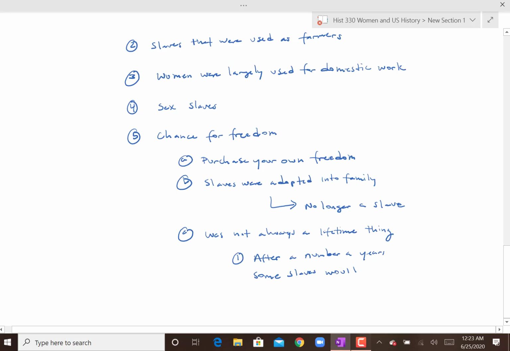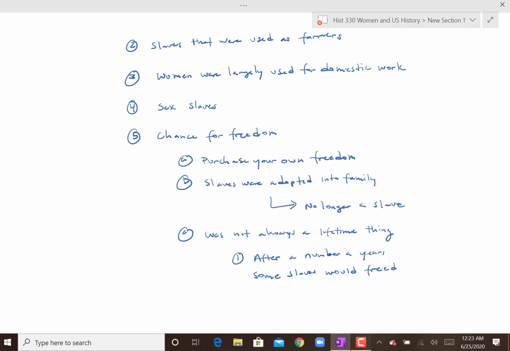Now, this wasn't for everyone, and there was no rule or law for this, but it was a common practice that after slaves had worked for so many years, they were freed. And so that was an option: purchasing your own freedom or being adopted into the family and becoming an actual family member. Then they were no longer a slave.